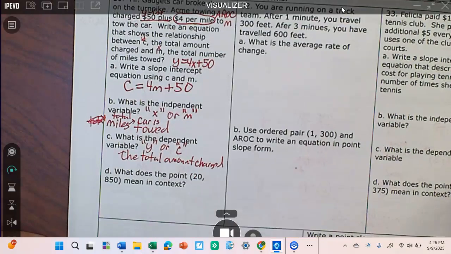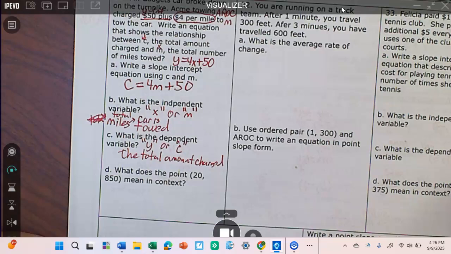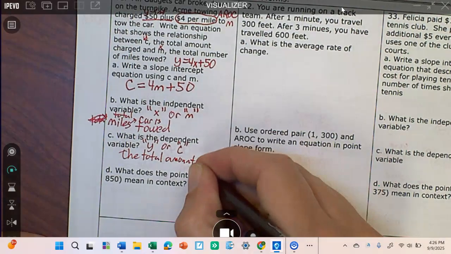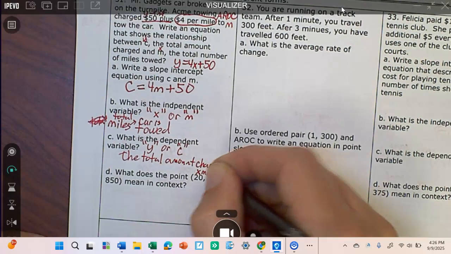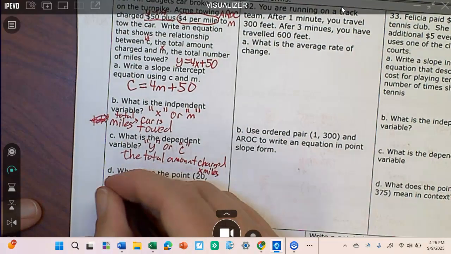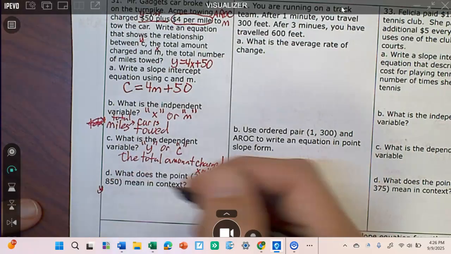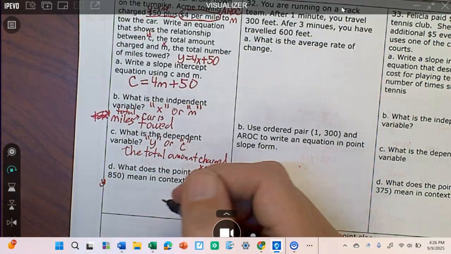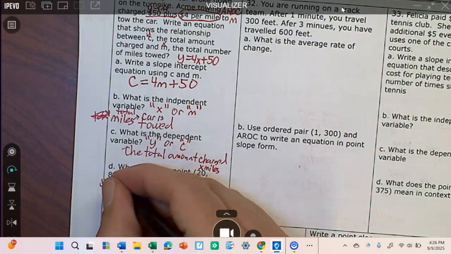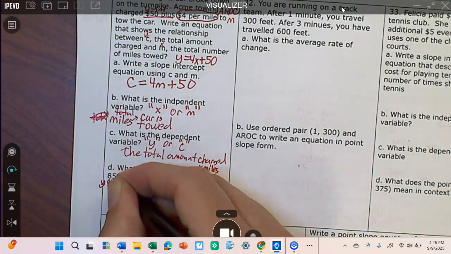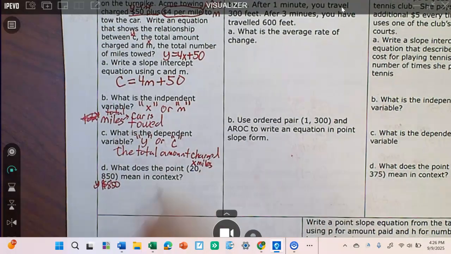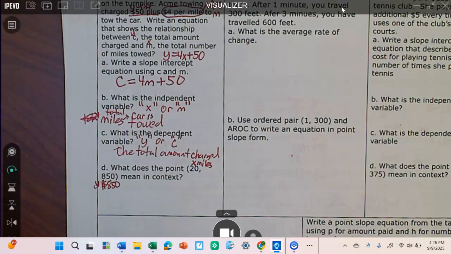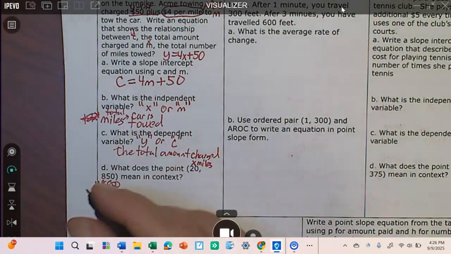Okay, what does the point 2850 mean? Well, this is X, which is miles towed, and this is technically Y. It costs $850? Jeez. Okay. So, this is a true story I made up. It's supposed to be 130.